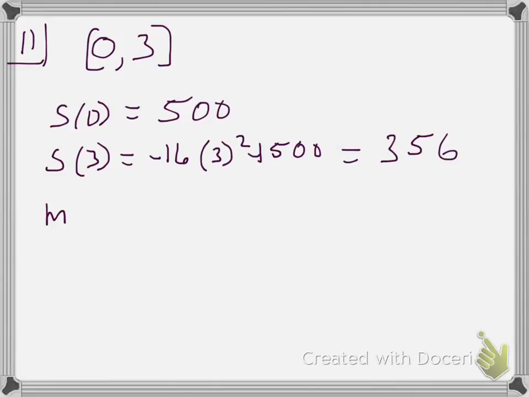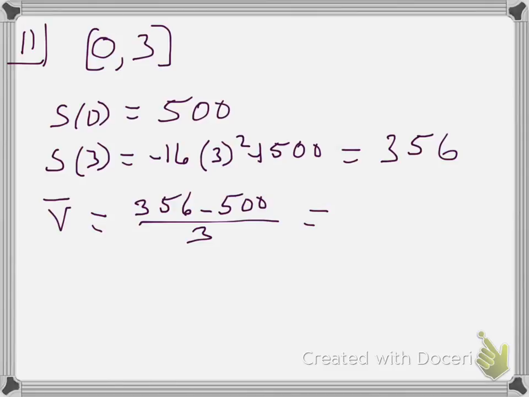So the average velocity, we can call that V bar if we want, is 356 minus 500 divided by 3. And with that I get -48.